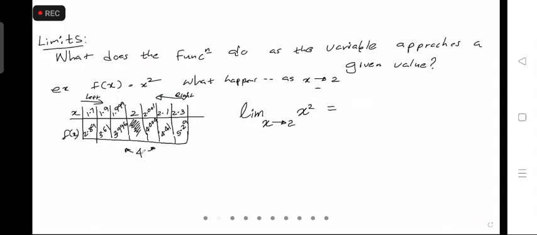For this case, 4. You can see it using this diagram.